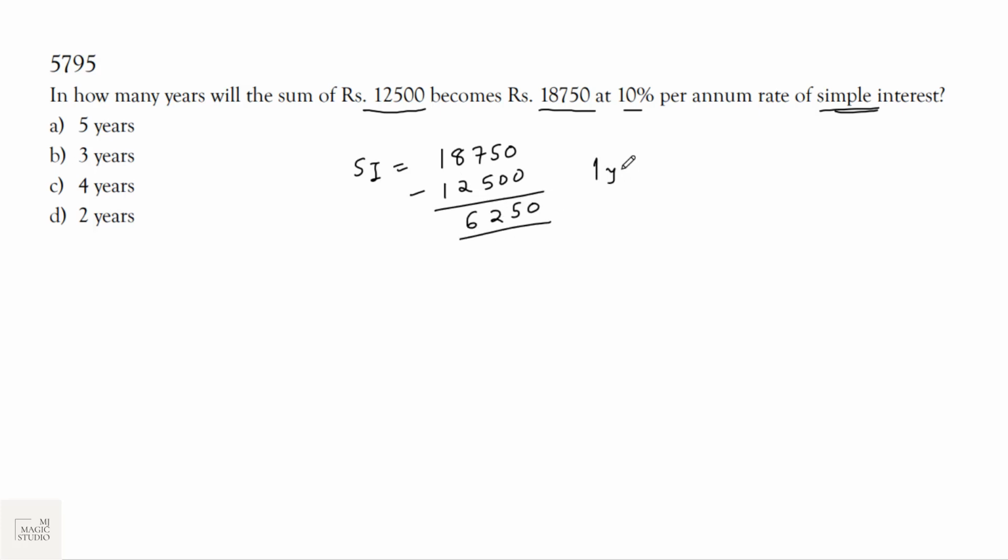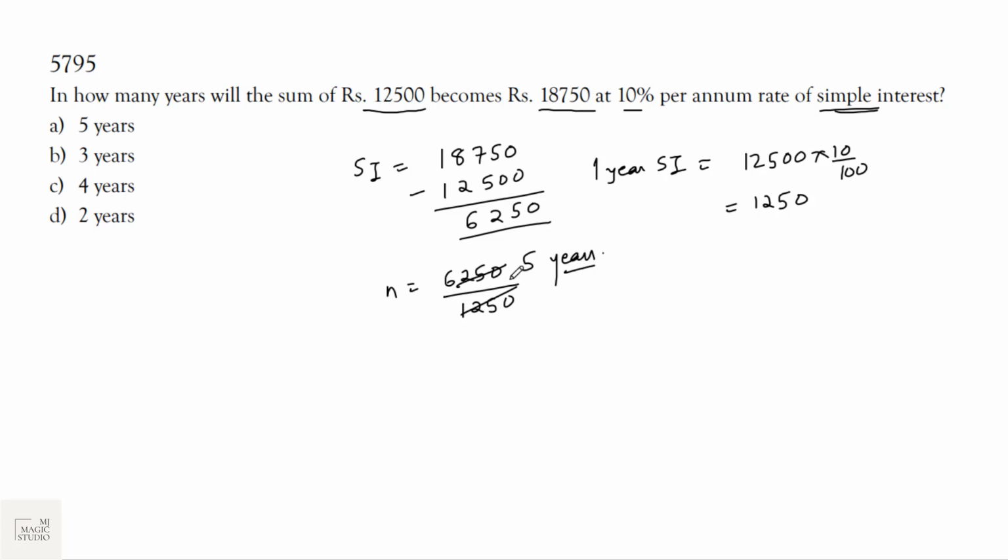Now in 1 year, simple interest collected is 10% of 12,500, that is 1,250. So the number of years required to collect 6,250 rupees would be 6,250 divided by 1,250, that is 5 times. So the number of years is 5 years. Yes, that we have in option A.